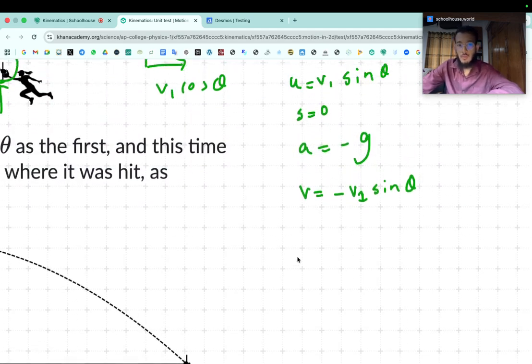Now, we know that v squared equals u squared plus 2as.